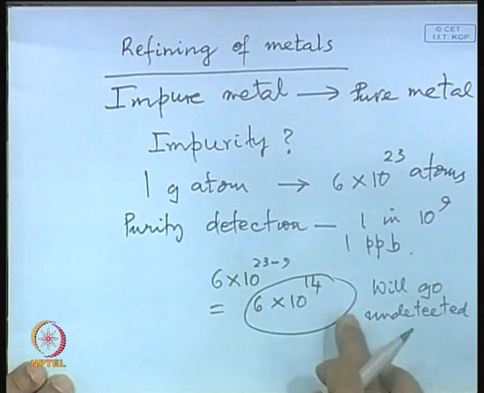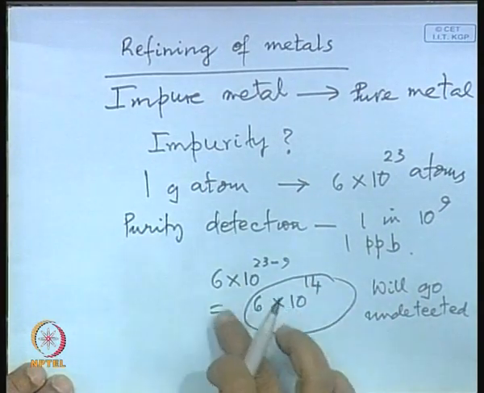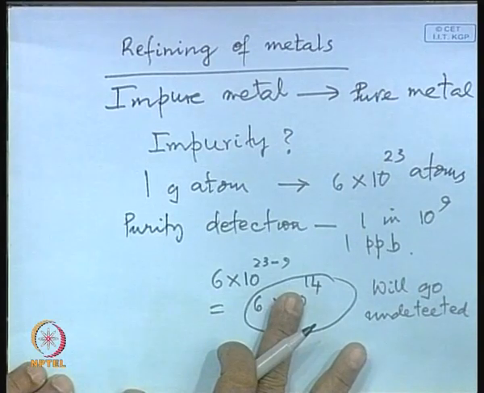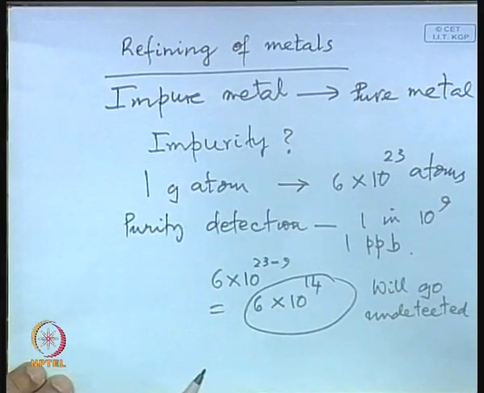So, if there were many impurity atoms at this level, it looks very large, but it is below 1 part per million, 1 part per billion. So, we cannot detect. If we find something absolutely pure according to today's analytical techniques, which go up to 1 part per billion, we should not think it is totally pure.